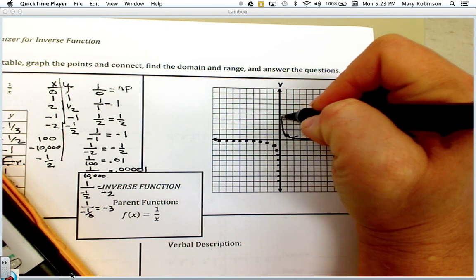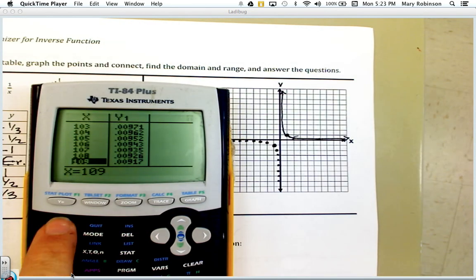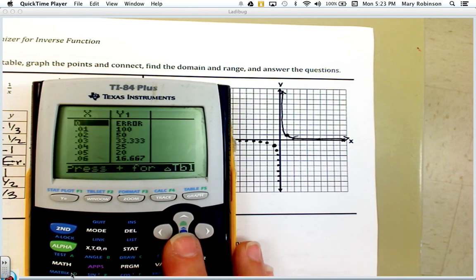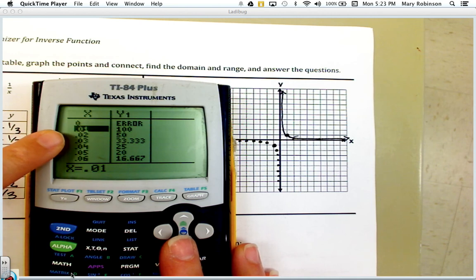And likewise, it will do the same for x values that are in between 0 and 1. If I have it start at 0, but then I change our table to, say, 0.01, let's see what happens as x gets larger, approaching 1.